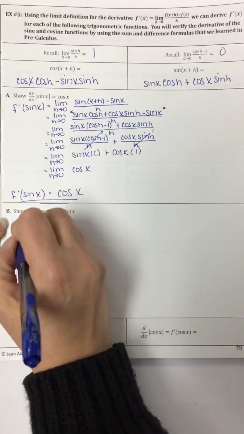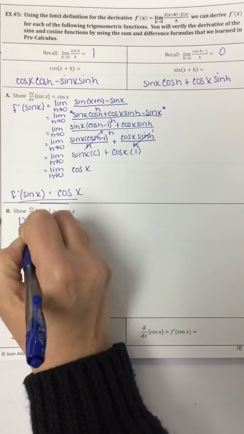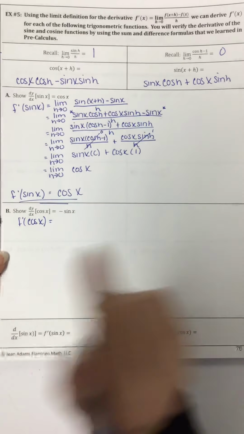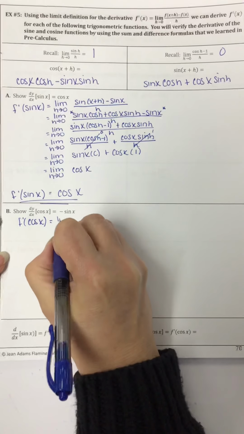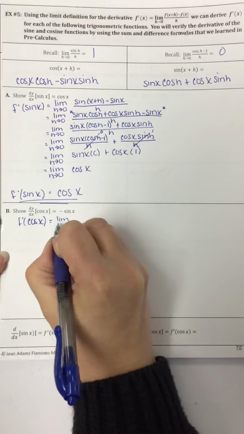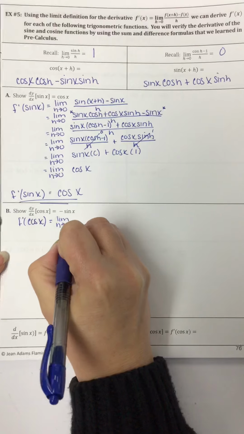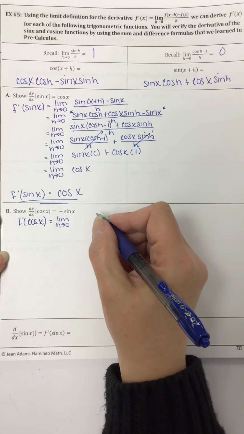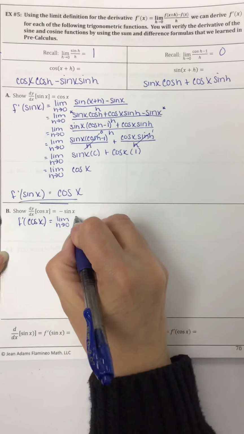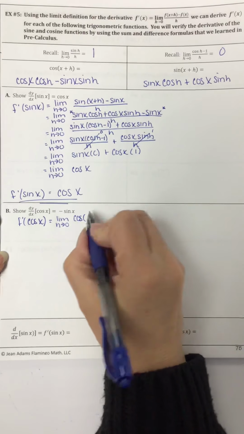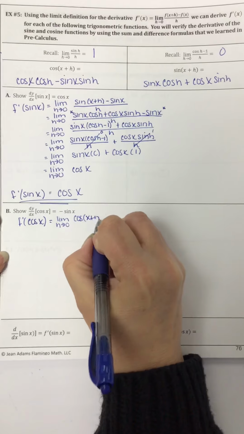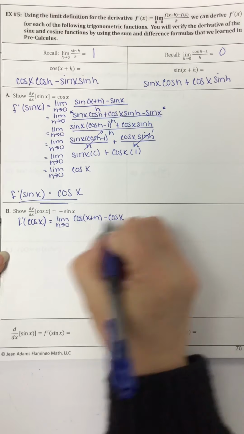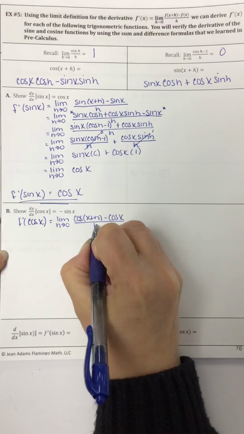So the derivative of cosine of x, using the limit definition, we'd have the limit as h approaches 0 of cosine of x plus h minus cosine of x all over h, right?